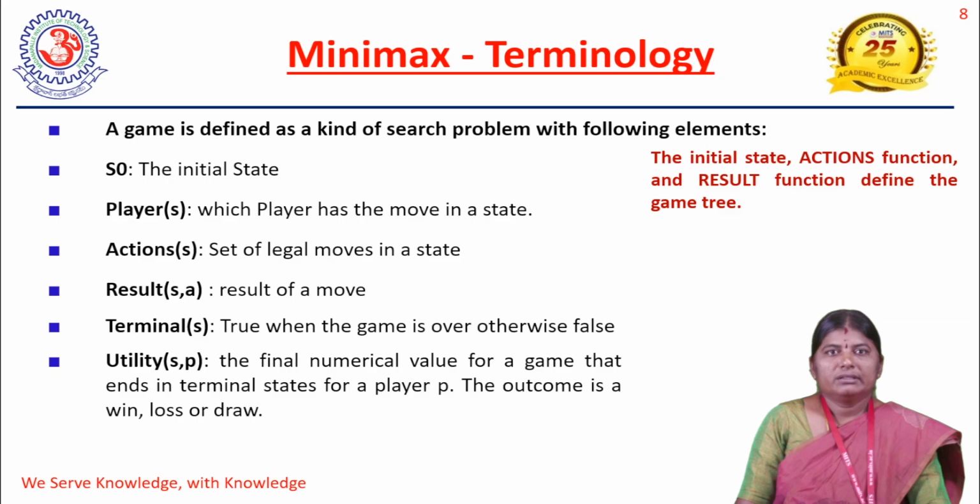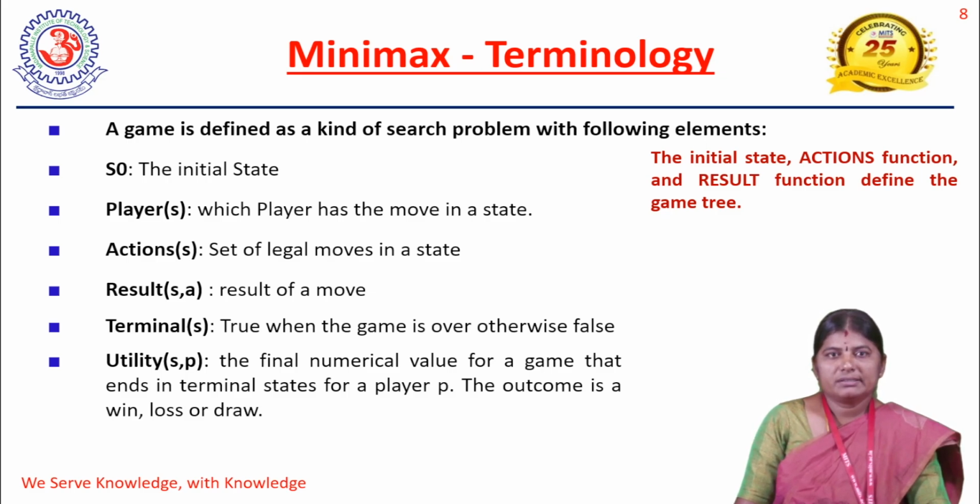S naught, the initial state, where the player can start their move. Player takes S as a state and returns whether it's the turn of the min player or the max player, since Minimax is a two-player game.